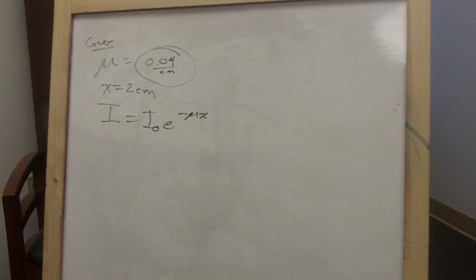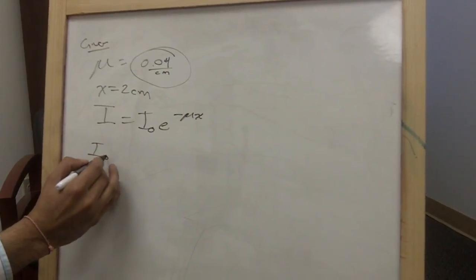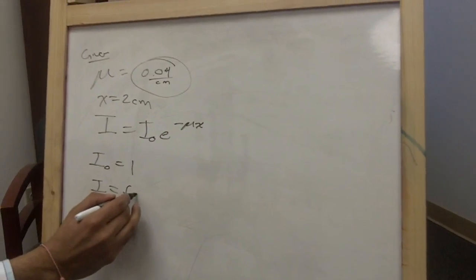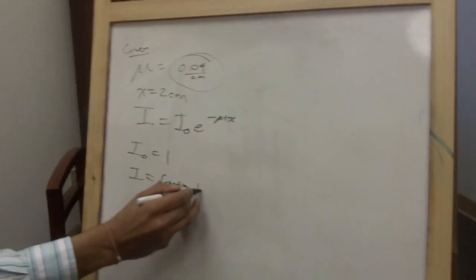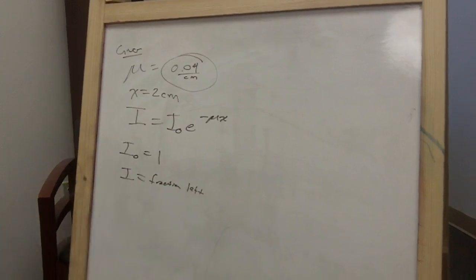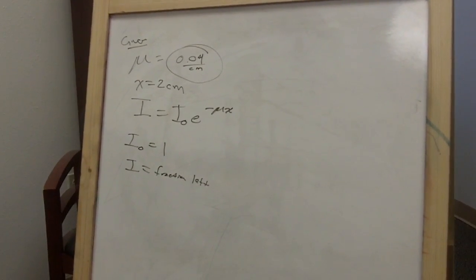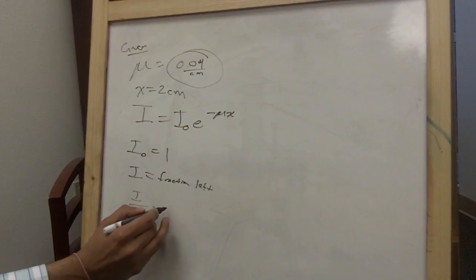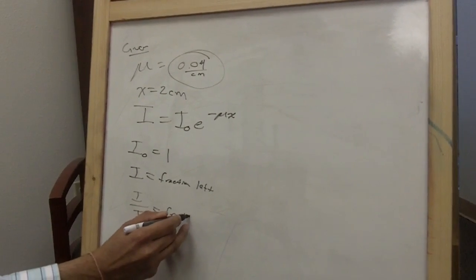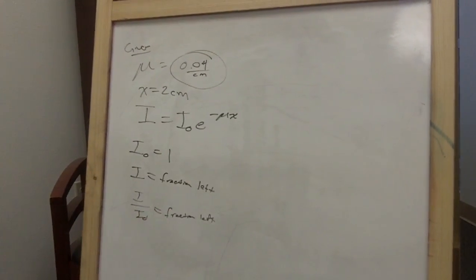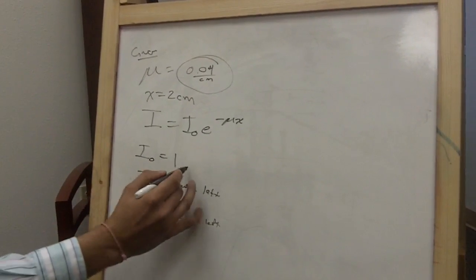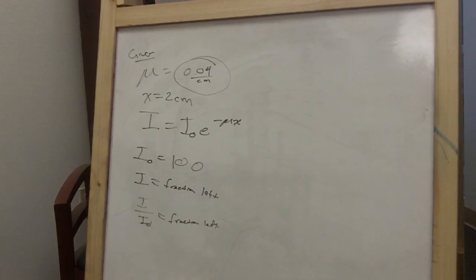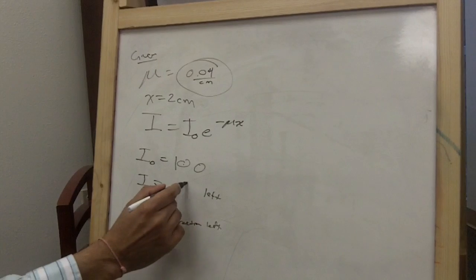There are a couple of ways you can think about this. If we're looking at the fraction, we can say I-O equals 1, and then I will be the fraction left over. Or you can say I over I-O equals the fraction. If you want to put in I-O equals 100, thinking 100%, then this would not be the fraction left over, it would be the percent left over.